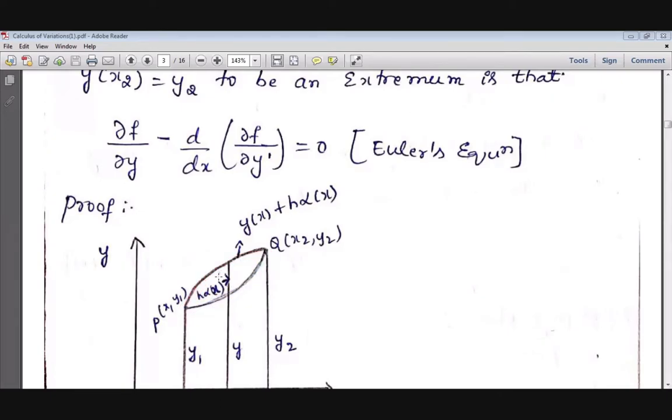Next, when these two curves coincide, this is one curve, this is another curve.